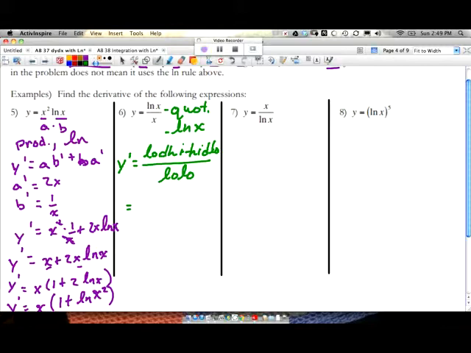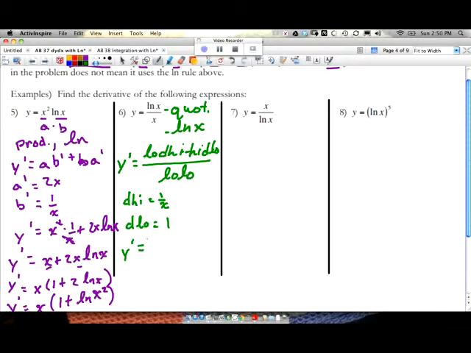So I need to figure out what d high and d low is, the derivative of the high and the derivative of the low. So what's the derivative of the top piece? That's just 1 over x, because it's natural log of x. And d low, that's almost too easy. It's, again, hard to give it time to mention, but derivative of x is just 1.